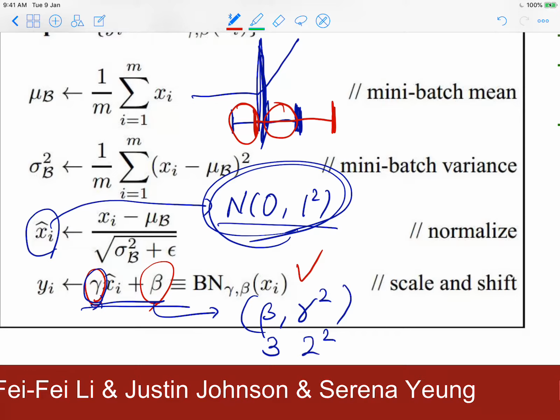So this kind of different distribution should be reflected in our neural net for its optimal performance. So that way we allow our network to optimally scale and shift these normalized ranges of our data. Okay.